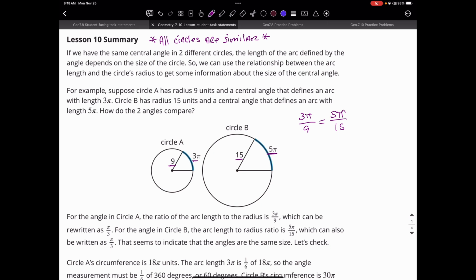Because they're both divisible by 3 here, so this would be pi over 3, and then these are both divisible by 5, so that would also be pi over 3. And pi over 3 does equal pi over 3, so yes, they would be similar, and those would be proportionate. All right, so let's get on with the lesson, and then we'll come back to this because we will see where this is taking us.